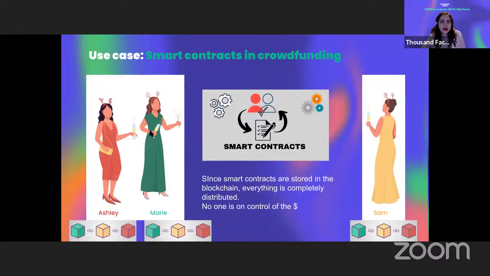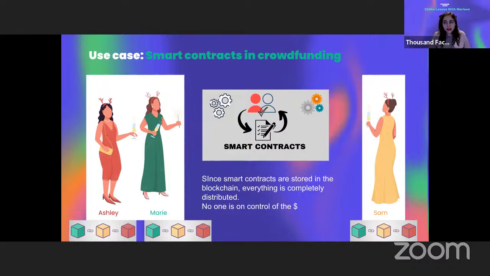So in this case, when both friends are making a transfer to the smart contract, both of them are coded together, and Sam is also coding everything that is happening, and everything is distributed in the blockchain. All the information is distributed among all the users. That's why we say it's distributed.